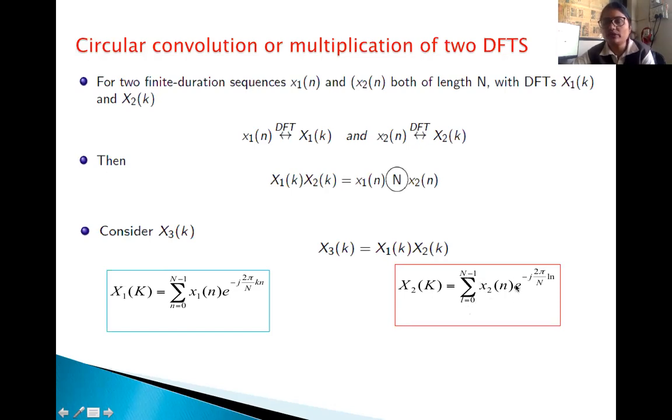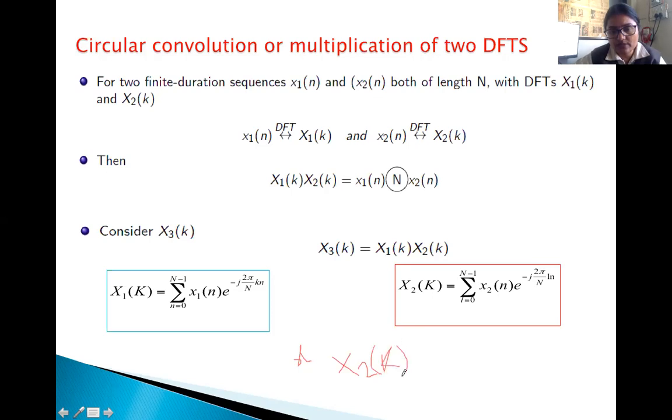Actually, it should be x2 of L here. So x2 of k is the second sequence.